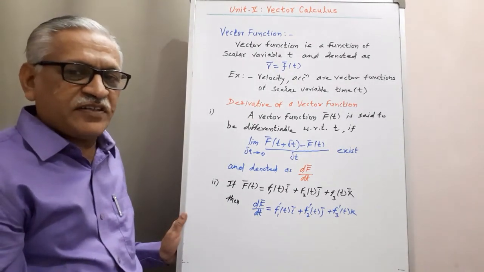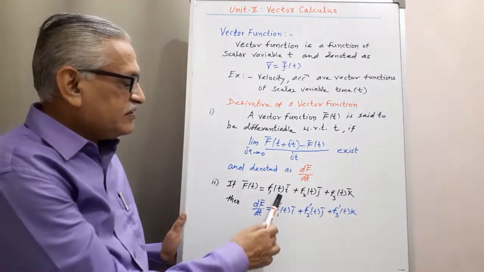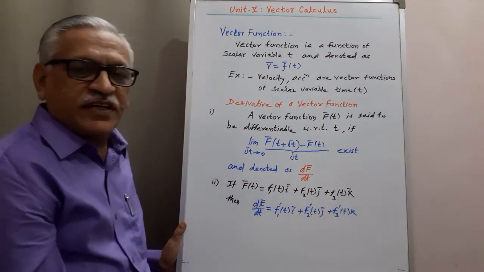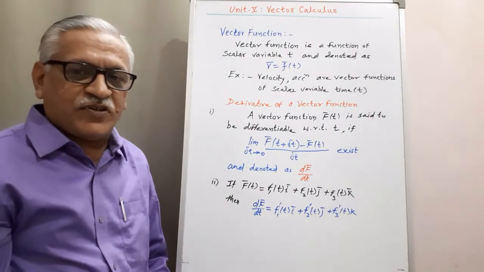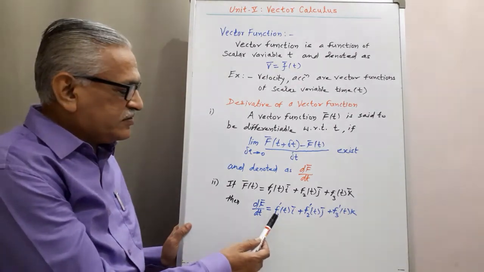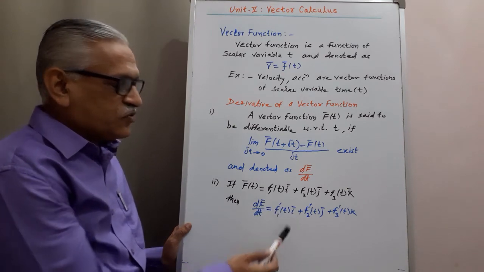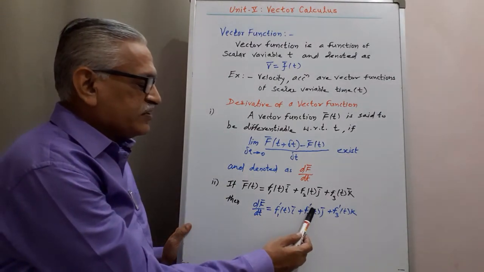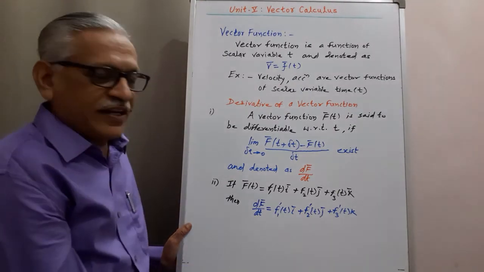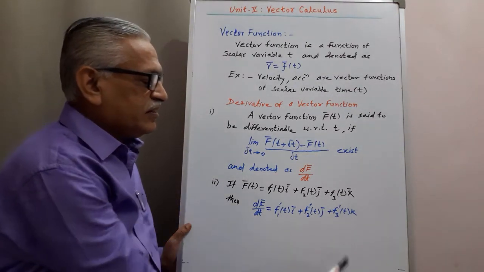If the function is expressed in terms of components like this, f bar of t as f1(t) into i plus f2(t) into j plus f3(t) into k, then its derivative df bar by dt is f1 dash of t into i, the derivative of the first component with respect to t, plus f2 dash of t into j, plus f3 dash of t into k.